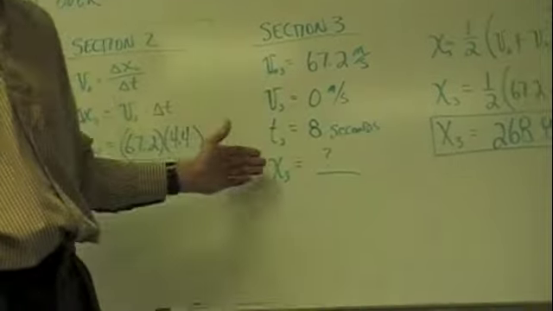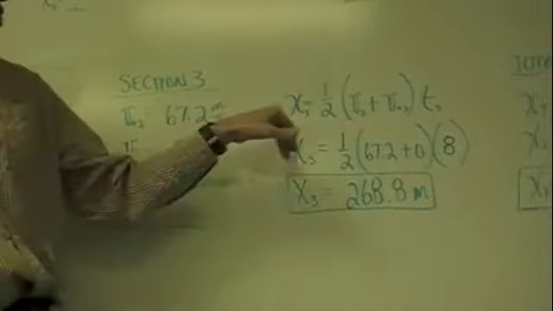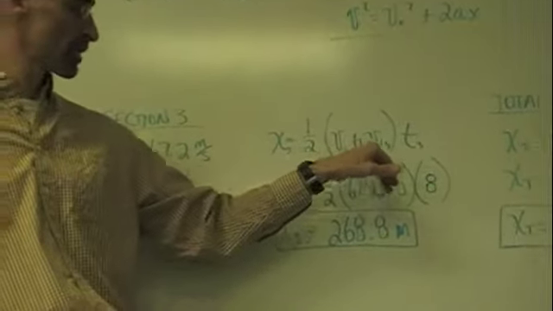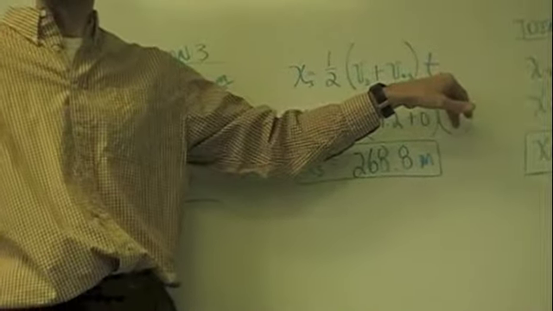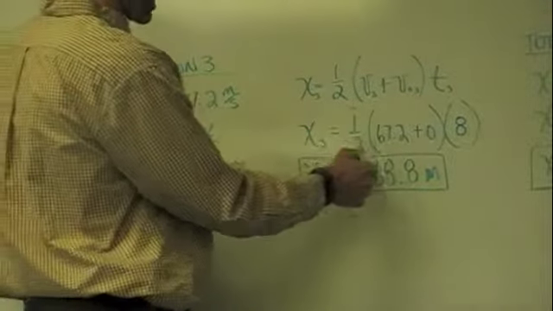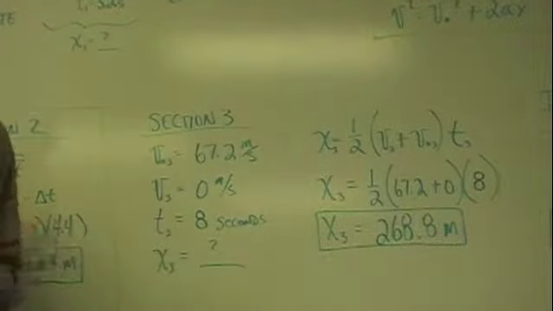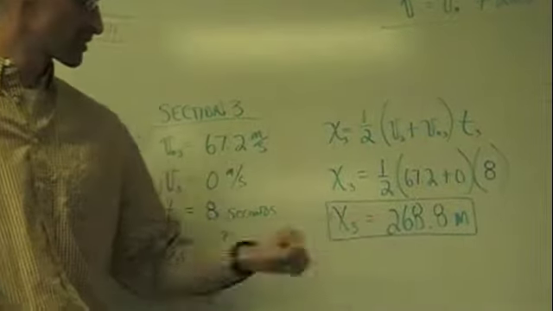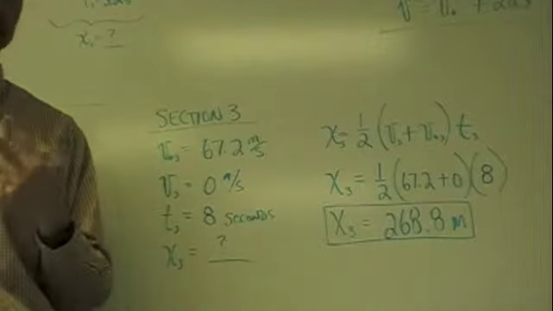Now if you look, that kinematic equation that contains those 4 variables is x equals 1/2 final velocity of section 3 plus initial velocity of section 3 times the time for section 3. Okay, so if we look at that, we got x3 equals 1/2 times 67.2 plus 0, because at the end he stopped, times 8 seconds. And we come up with a distance of 268.8 meters traveled during section 3 of the trip.